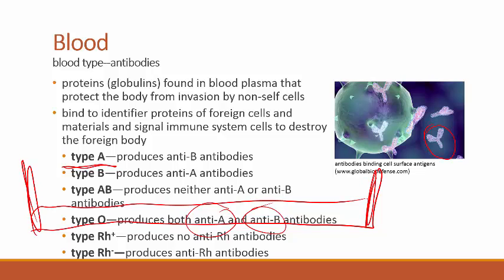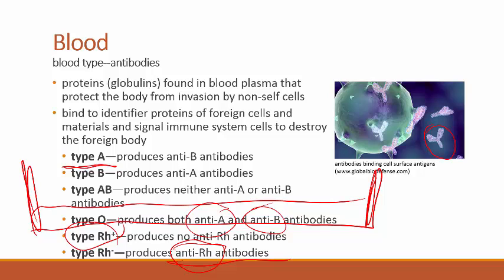And then if a person is Rh positive, they have the Rh antigen, then they will have no antibodies for the Rh group in the blood plasma. And if a person is Rh negative, then we would expect to see that they have anti-Rh antibodies in the blood.